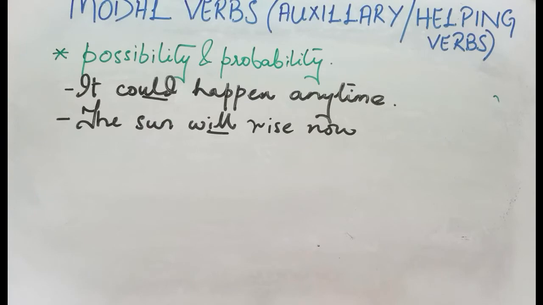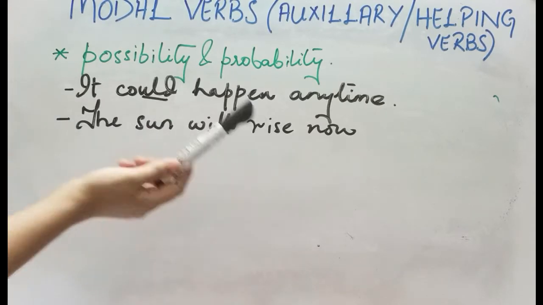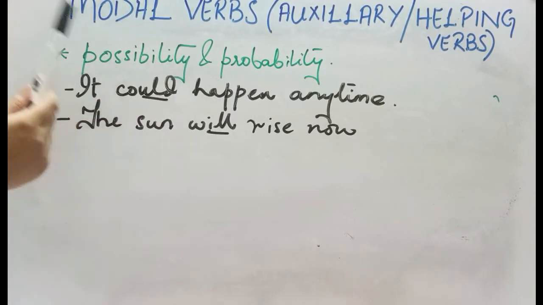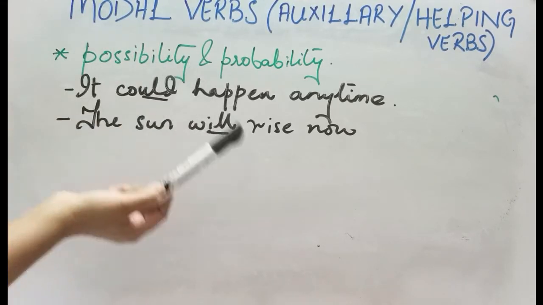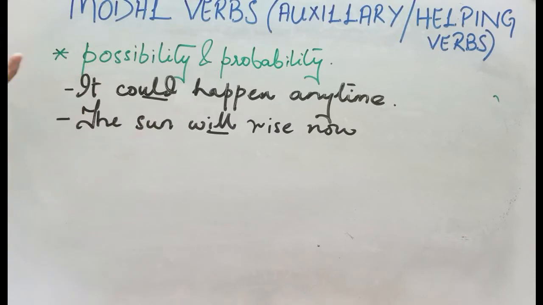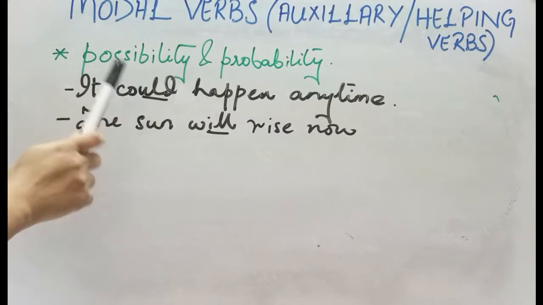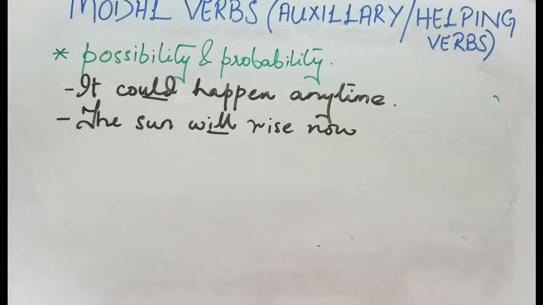The second one you see is the sun will rise now. There is again a 70% or 80% chance that the sun is going to rise now or rise today. So whenever there is a possibility, you are going to use either could or will. More examples I can give you: if you don't take medicine on time, you will remain ill.